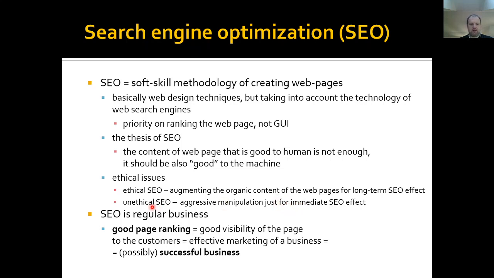So that's unethical SEO. And of course, it's a business, as I said, because good page ranking means successful business. And as businesses are nowadays moving more and more to the internet, this is a critical part of marketing and of communication. So SEO is really a necessity for businesses.